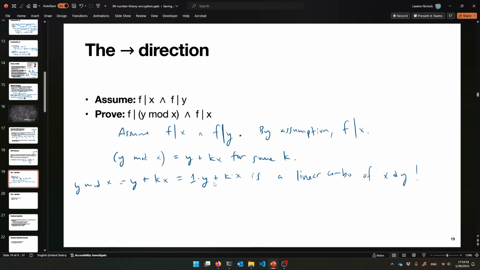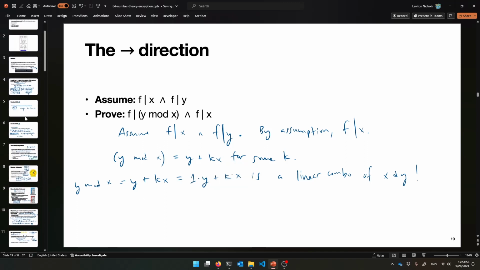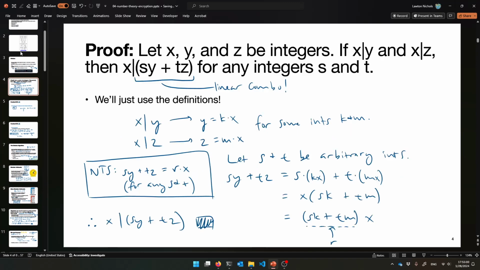Therefore, by this theorem that we proved, coming back for us now, if I know that x divides something and x divides something else, x divides any linear combination of those two numbers.